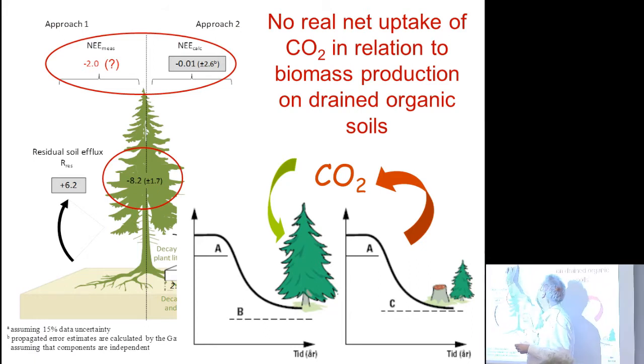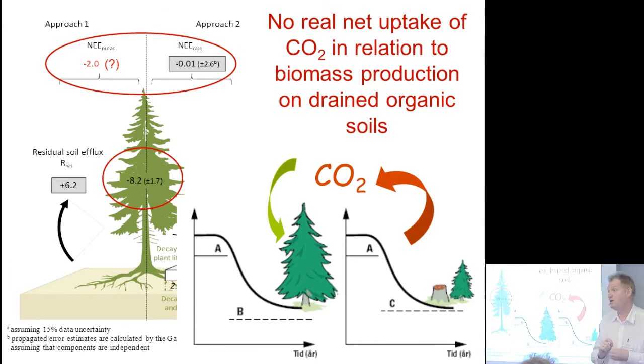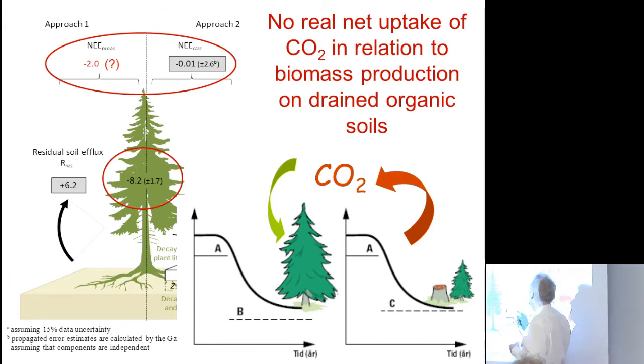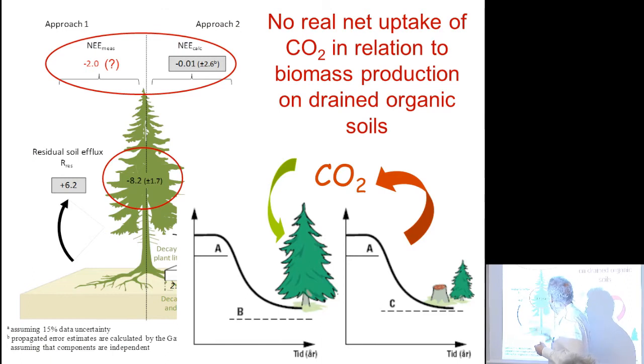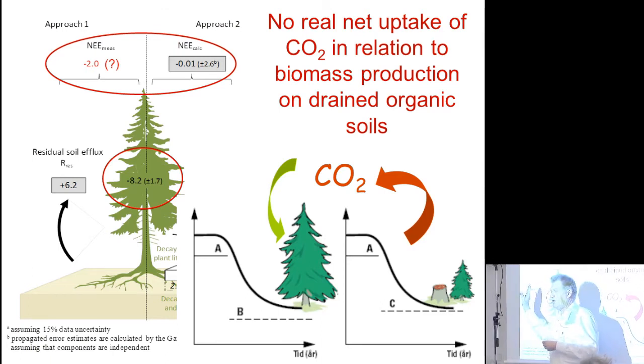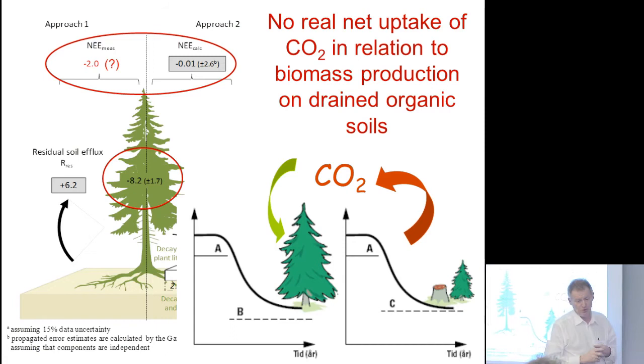When we used the eddy covariance, we came to -2, but we have a problem with that technique because we underestimate the nighttime fluxes. But regardless of this, if you look on these figures and you look on the figures on what the tree has fixed, we have had an enormous flux of carbon dioxide out of the system.